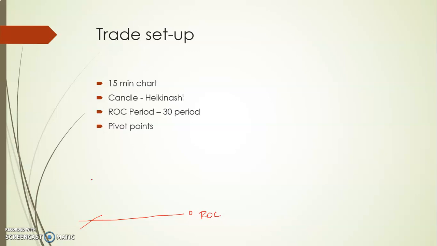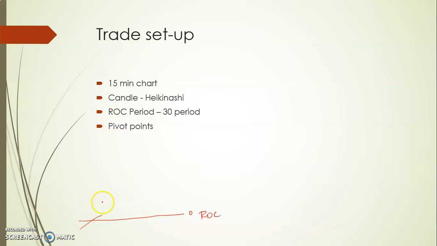But most of the time it leads to false signals. Either it won't move as expected, or it will be flat, or it will move against us. To avoid those false signals, if you use this strategy, then there is a high probability of the stock either moving up or moving down.